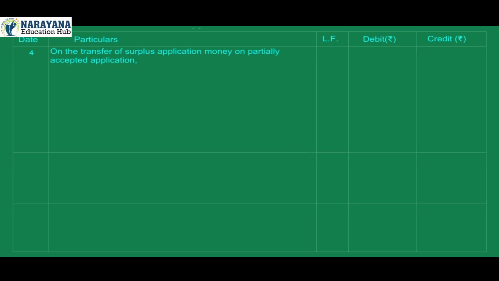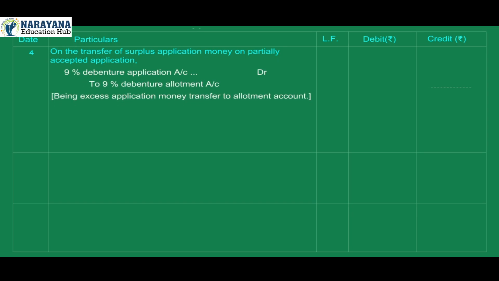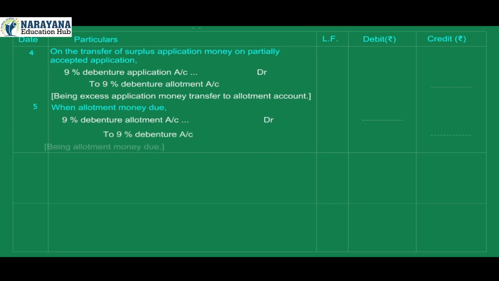4. On the transfer of surplus application money on partially accepted applications, 9% debenture application account debit, to 9% debenture allotment account credit, being excess application money transferred to allotment account. 5. When allotment money is due, 9% debenture allotment account debit, to 9% debenture account credit, being allotment money due. 6.